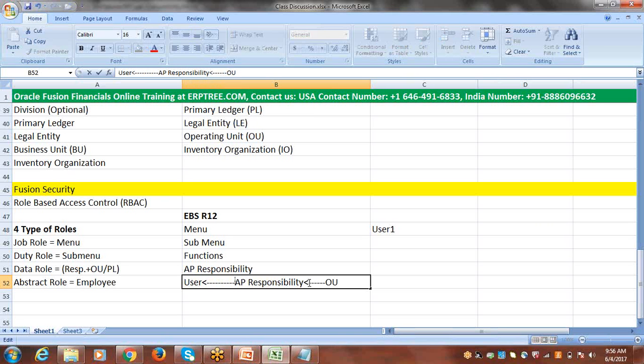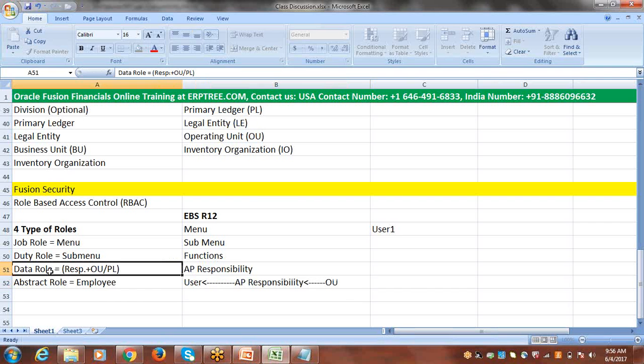In a similar way, in Fusion we assign the data roles to the user. In EBS we assign responsibility to the user, in Fusion we assign data roles to the user. So this is what we have to understand. Any question on this, please?